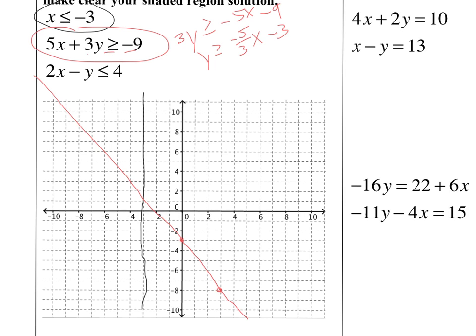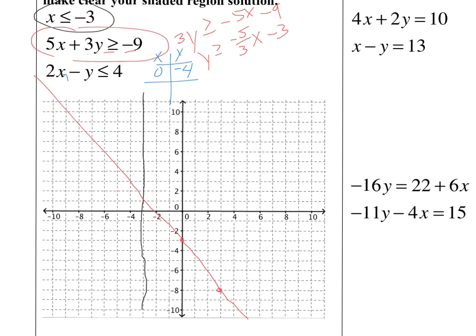And finally, I've got 2x minus y is less than or equal to 4. These numbers all come out pretty nice, so I'll just find some intercepts. If I plug in 0 for x, I end up getting negative y equals 4. In other words, 4 equals negative y. No, sorry, negative 4 equals positive y.